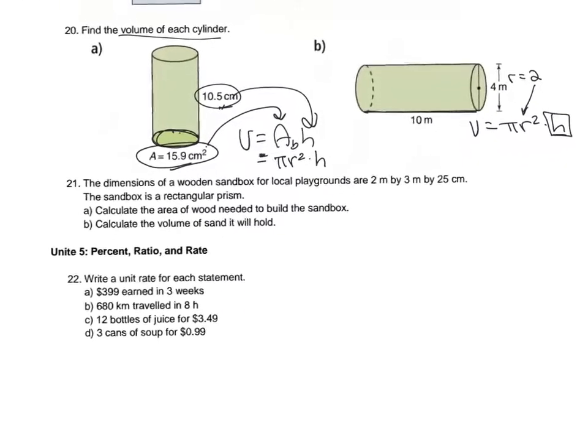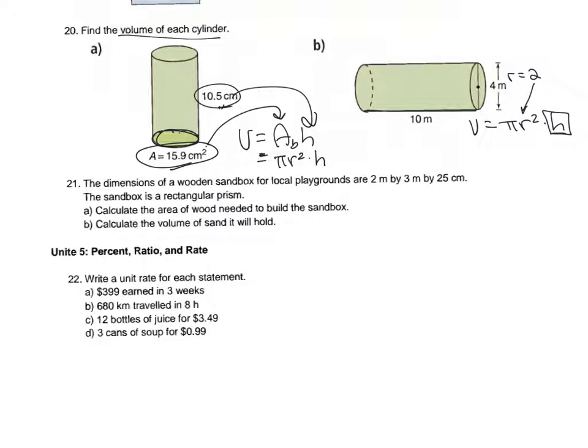Number 21 is giving you the dimensions of a rectangular prism, okay, because it's a sandbox, so you can just briefly draw it. But remember the units, okay, they're all different, meters and centimeters, so maybe we can change these into 200 centimeters, 300 centimeters, so you kind of have an idea. We're going to make this diagram a little more realistic to the dimensions.